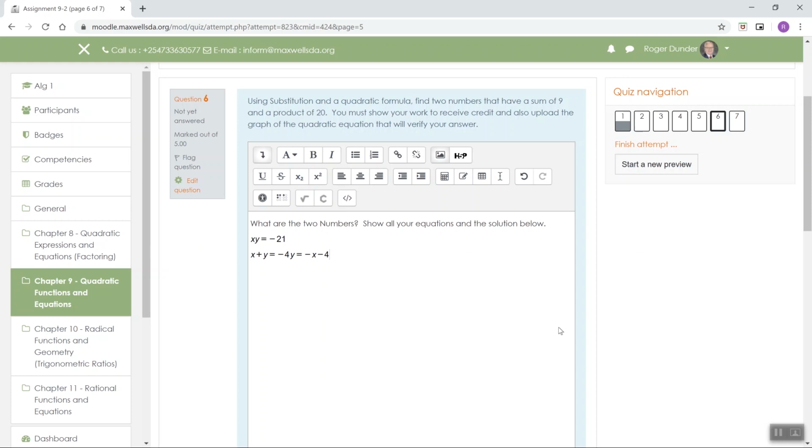So you kind of have to do this step by step. And then down here we'll say the next one will be x times minus x minus 4 equals negative 21.